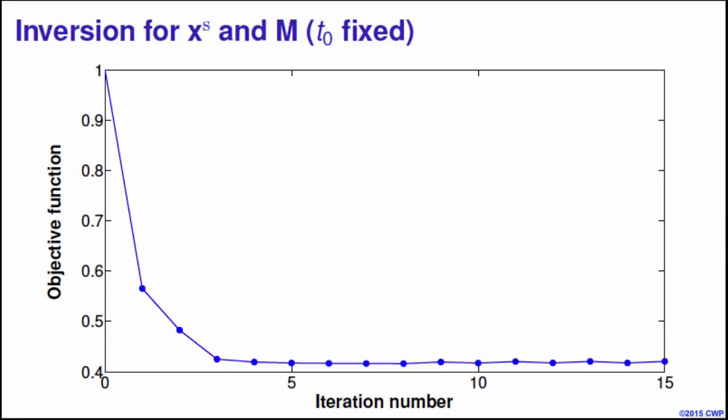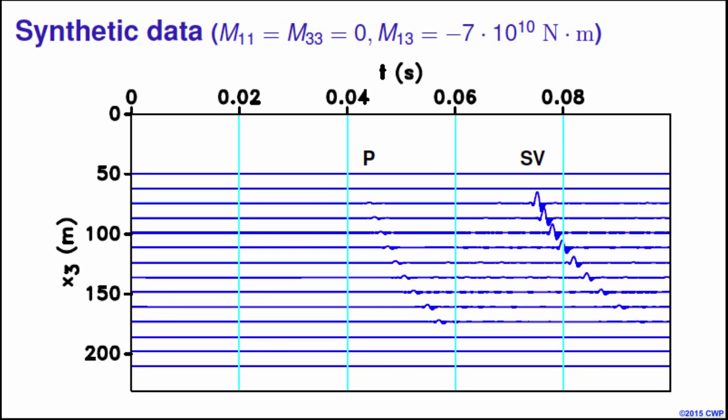So now I'll show the results of inversion after all these considerations. This is the objective function as a function of the number of iterations. We are able to converge in few iterations. I show here only 15. And this is again the synthetic data, initial data that was calculated with our dislocation type source.